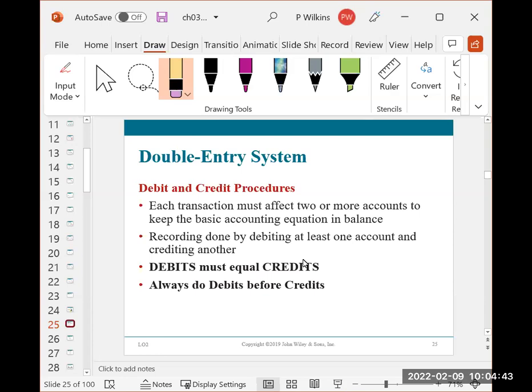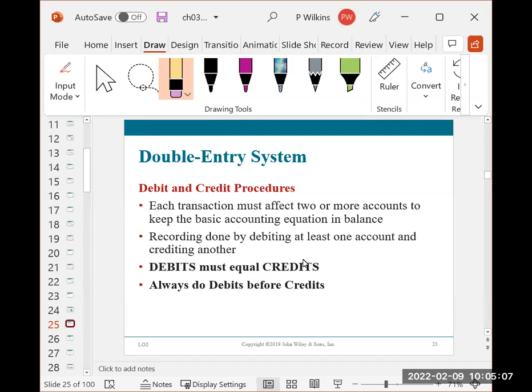Now let's say that I actually paid $2,000 in cash. So I put $2,000 down and I financed the rest of the truck, right? So I would still debit equipment, $10,000, because I got an asset. To make that asset go up, I have to debit it. So I debit equipment, $10,000.